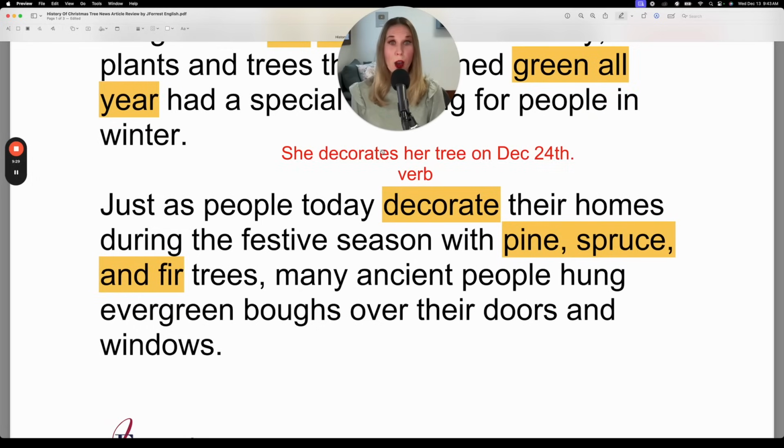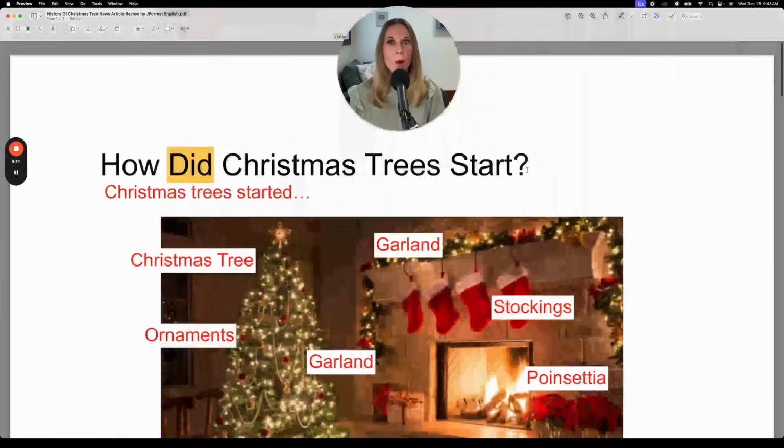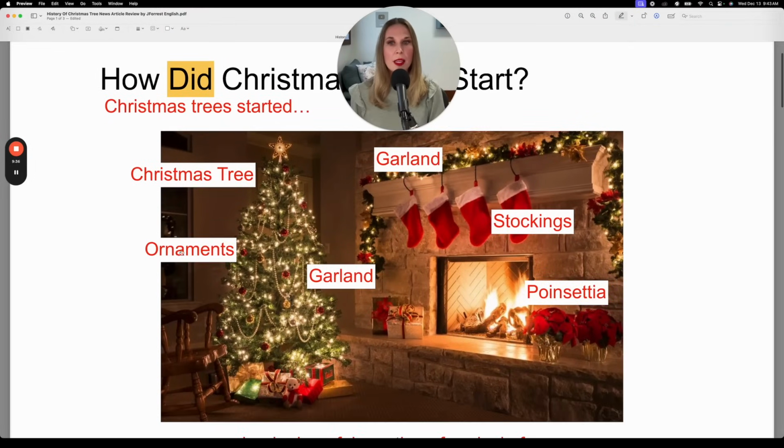Most people do not decorate their trees on December 24th. Just an example. But notice here, the garland, the ornaments, the trees, the poinsettias, these are all examples of decorations.